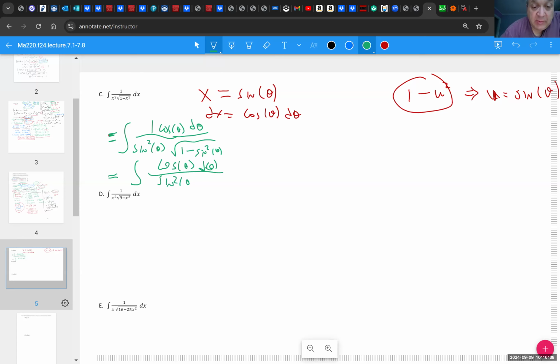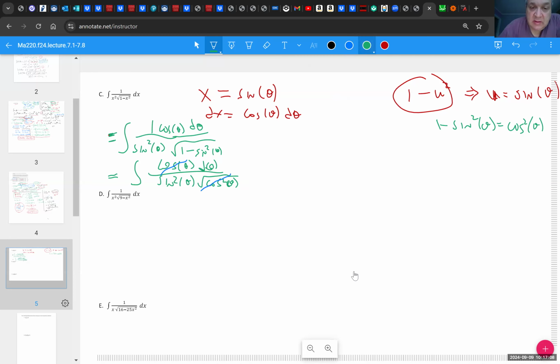And the reason why we did this trigonometric substitution 1 minus u squared was to take advantage of the trigonometric identity. 1 minus sine squared is always equivalent to cosine squared. That's the old sine squared plus cosine squared equals 1 thing, just rearranged. So this is the square root of cosine squared. So the square root of cosine squared is going to be cosine, and we have a cosine on the top and a cosine on the bottom that are dividing out.